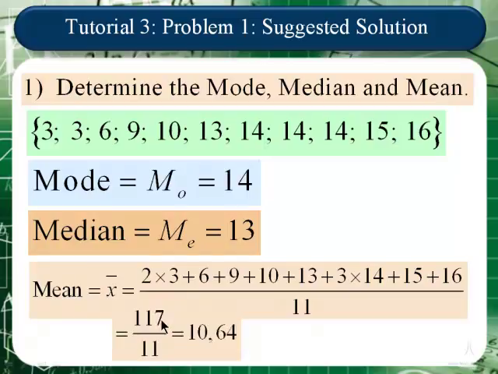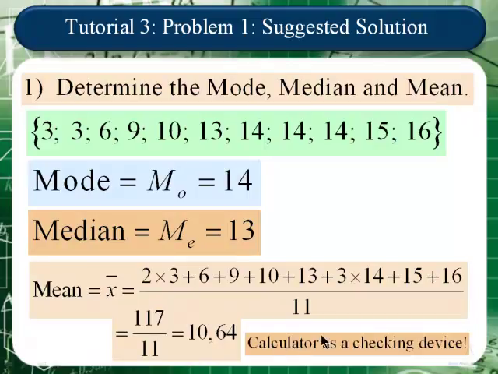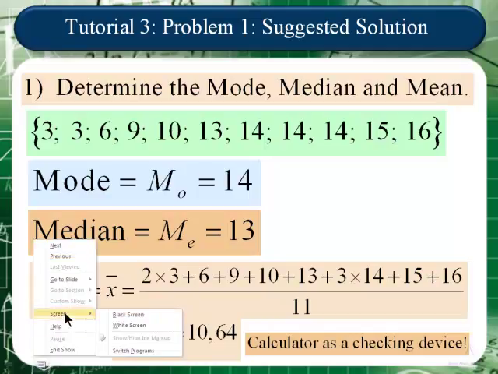Then you can use your calculator to show that the mean is 10.64. You can use your calculator as a checking device, and this is exactly what I would like to show to finish off this particular slide.